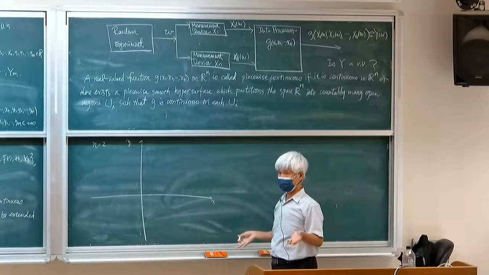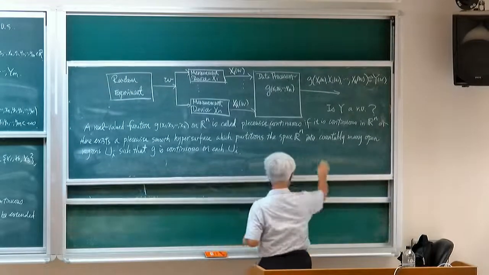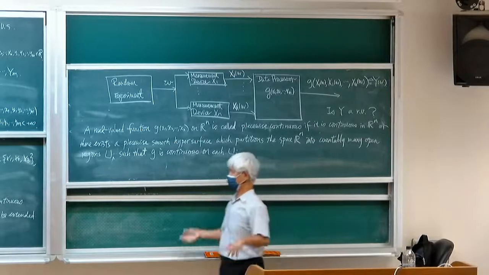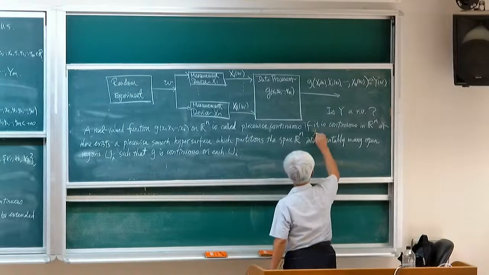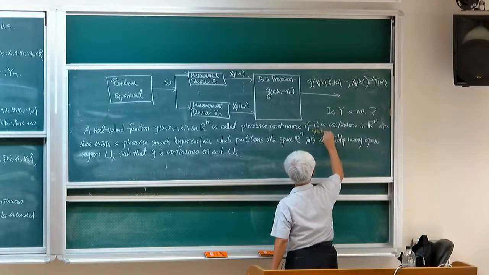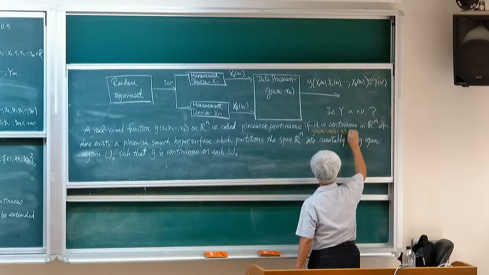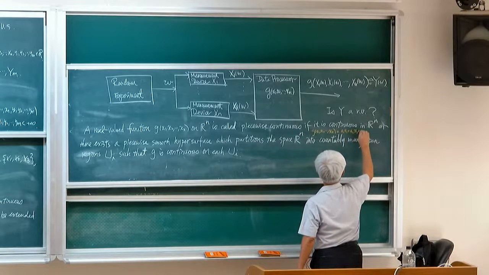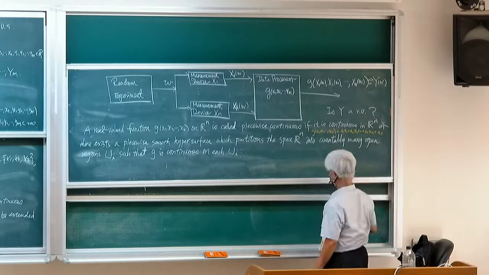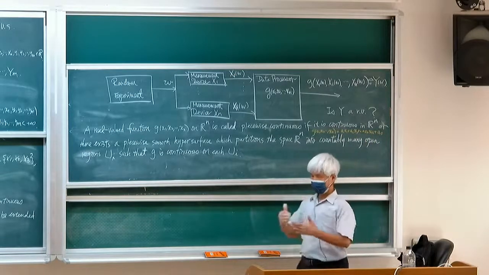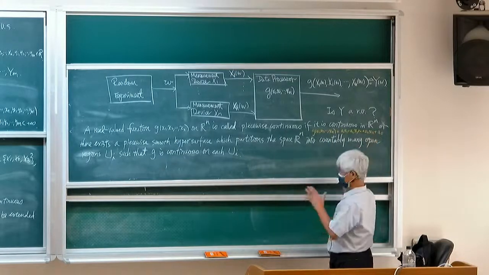There are so many functions like that, for example, a linear function, a1 x plus a2 y plus a0, where the ai are constants. So a linear function is continuous in n dimensions.